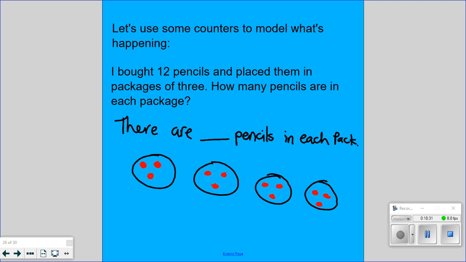Look at your counters. You see your groups? How many ended up in each one? There's 4 in each group. In each group, not the number of groups. Put your hand on top of one group. How many is under your hand? 3. So there's 3 in each of those groups. Does that make sense? I know that language is tricky. So how many pencils in each pack?